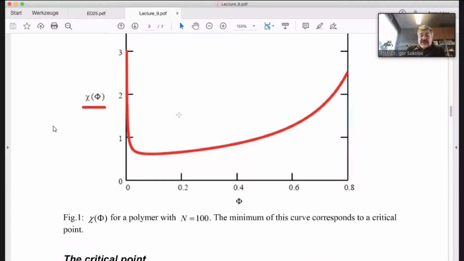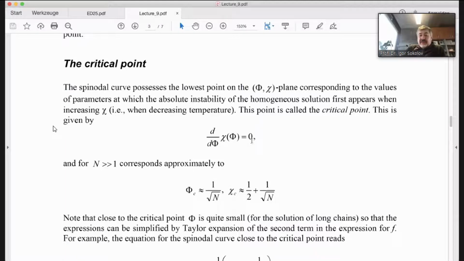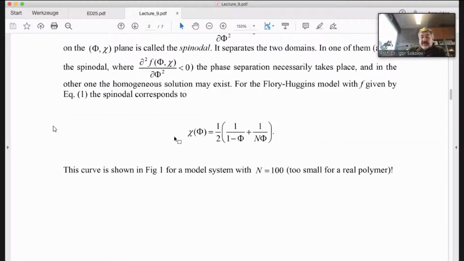Now, if I look at this curve, it has a minimum. And the minimum is here, where the derivative of this chi, which gives you the value of the Flory-Huggins parameter on the spinodal, has its minimum. I can calculate the minimum, differentiate the function here, and put the derivative to 0.